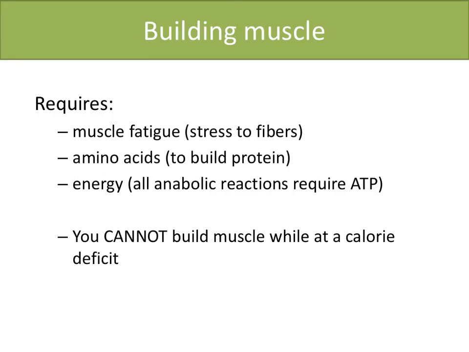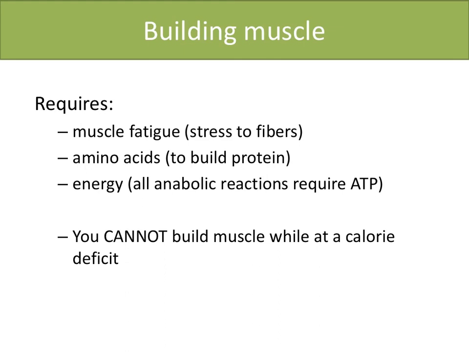Okay, building muscles. You actually have to stress the muscles that you have. You actually break them down a little bit. You also need amino acids to then rebuild the muscle protein.